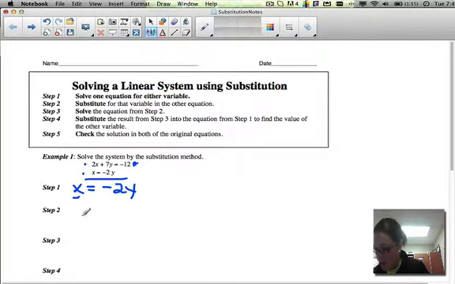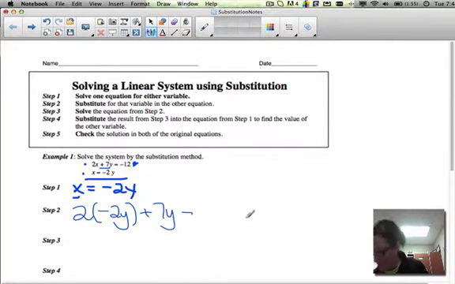So my first equation says 2, now there's an x there, so I'm going to put negative 2y. I still have the plus 7y equals negative 12. And that's it for step 2.